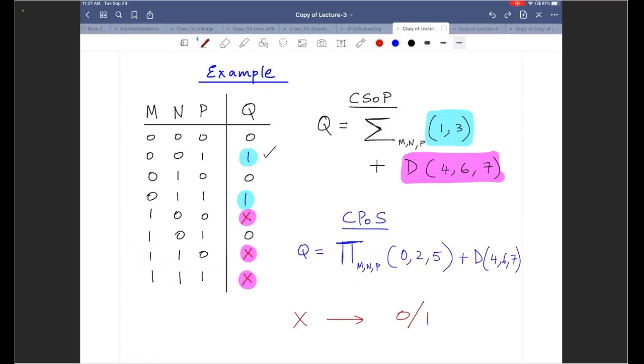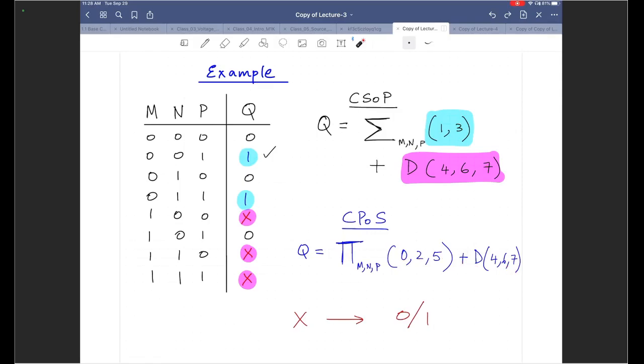This is writing things in shorthand, and you cannot treat them the same way as you write arithmetic summation and product. So the summation is for 1 and 3, plus this function has certain don't care situations. This product sign for 0, 2, 5, plus this function has certain don't care situations.